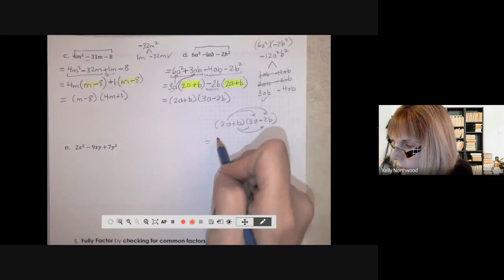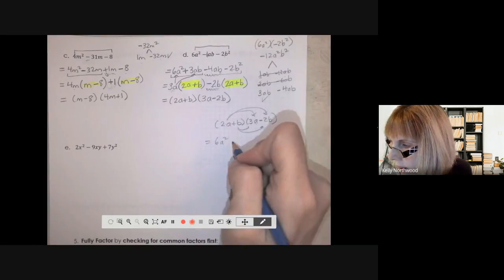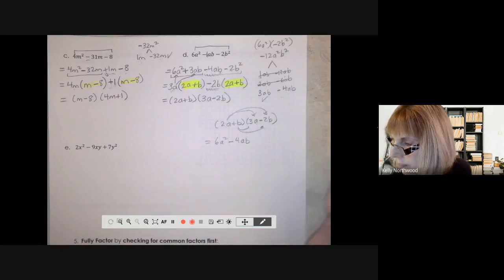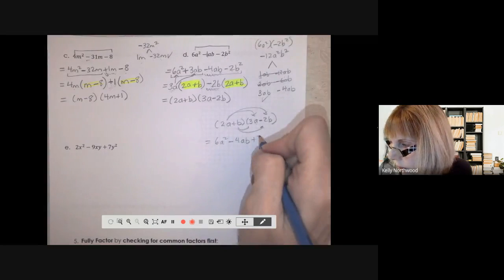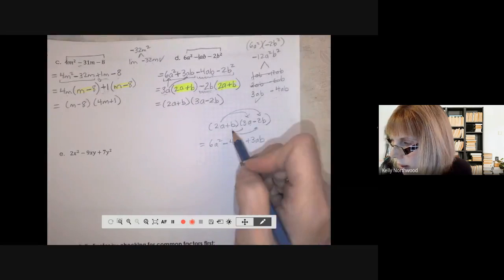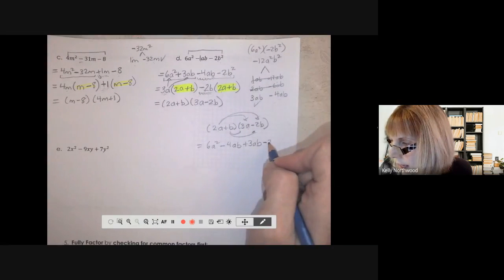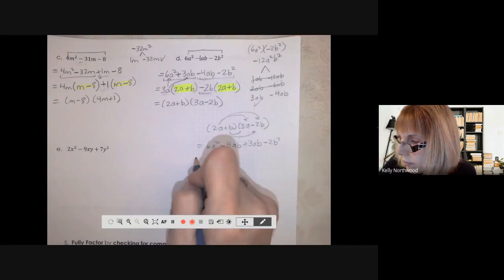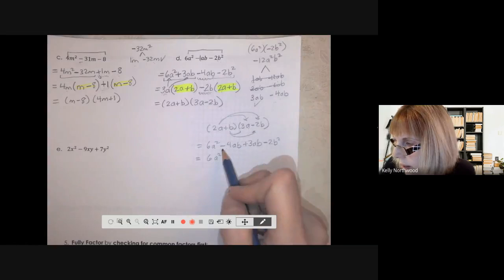So 2a times 3a is 6a squared. 2a times negative 2b is negative 4ab. Positive b times 3a is positive 3ab. Positive b times negative 2b is negative 2b squared. And then I have 6a squared.